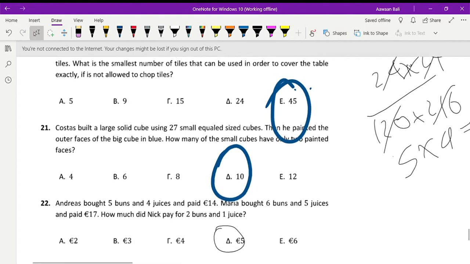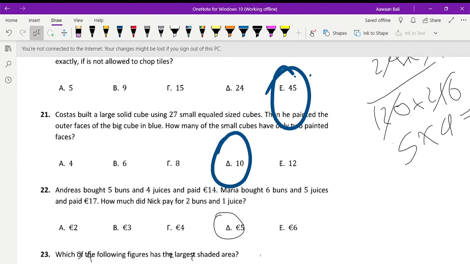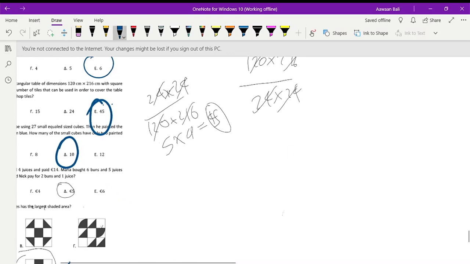So Kostas built a large solid cube using 27 small equal-sized cubes. Then he painted the outer faces of the big cube in blue. How many of the small cubes have only 2 painted faces? So this basically depends on the dimensions. Here the dimensions are 3 by 3.